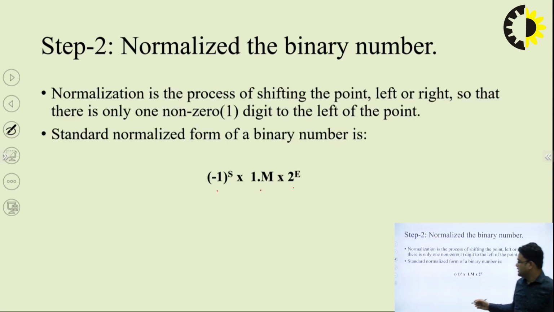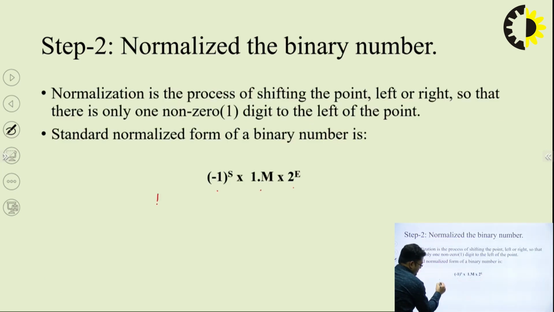If we want to normalize this number into the given format, how can we do this? We need to shift this point left or right, so that there is only one non-zero digit to the left of the point.